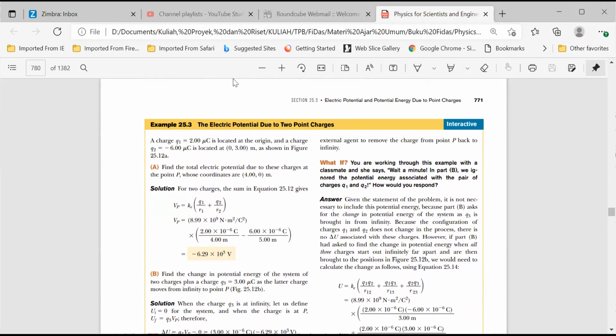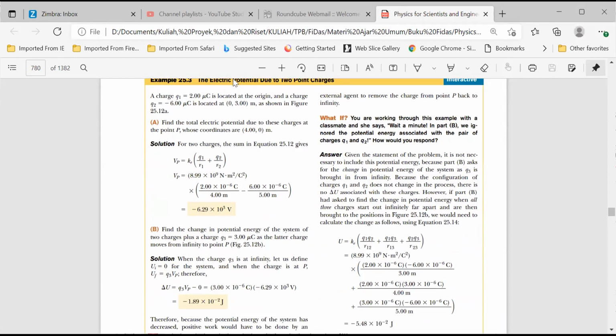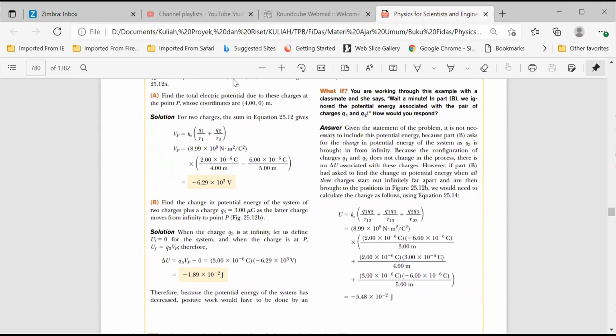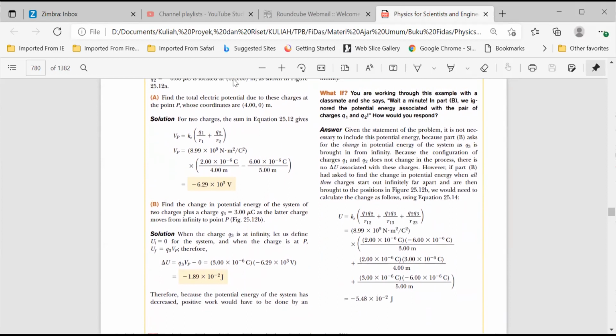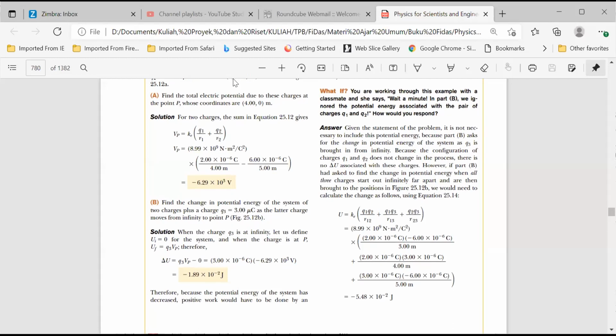Okay, B: find the change in potential energy of the system of two charges plus a charge Q3 equals 3 microcoulomb. So we have this VP here, minus 6.29 times 10 to the 3 volt.